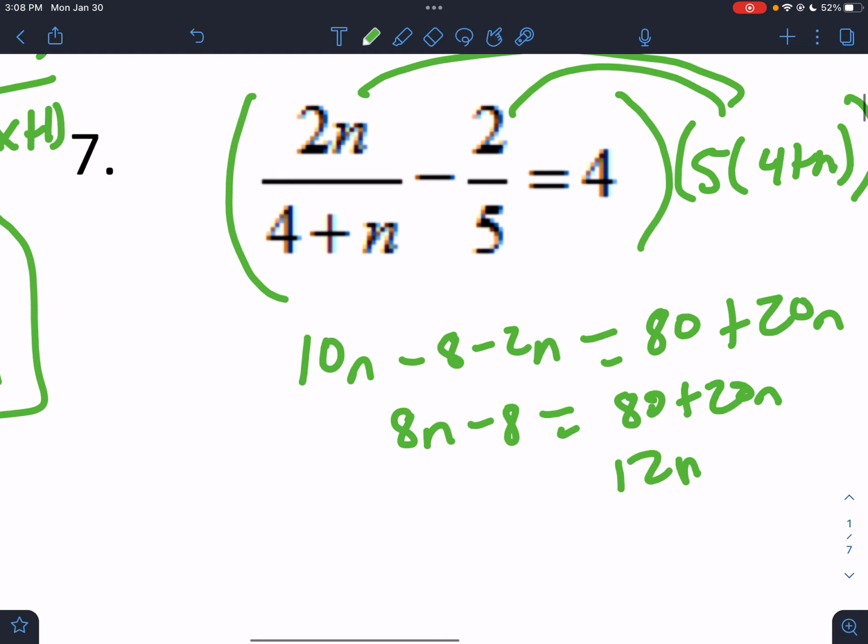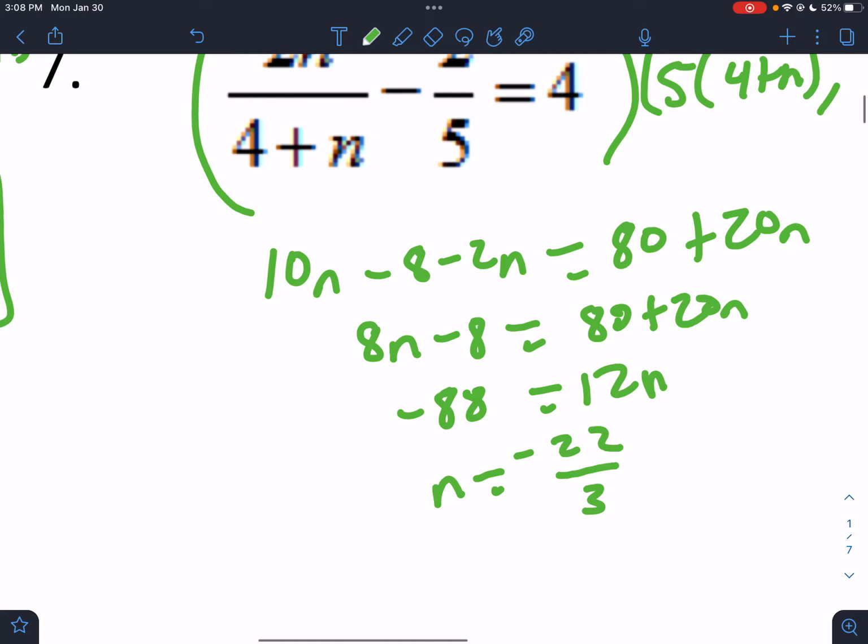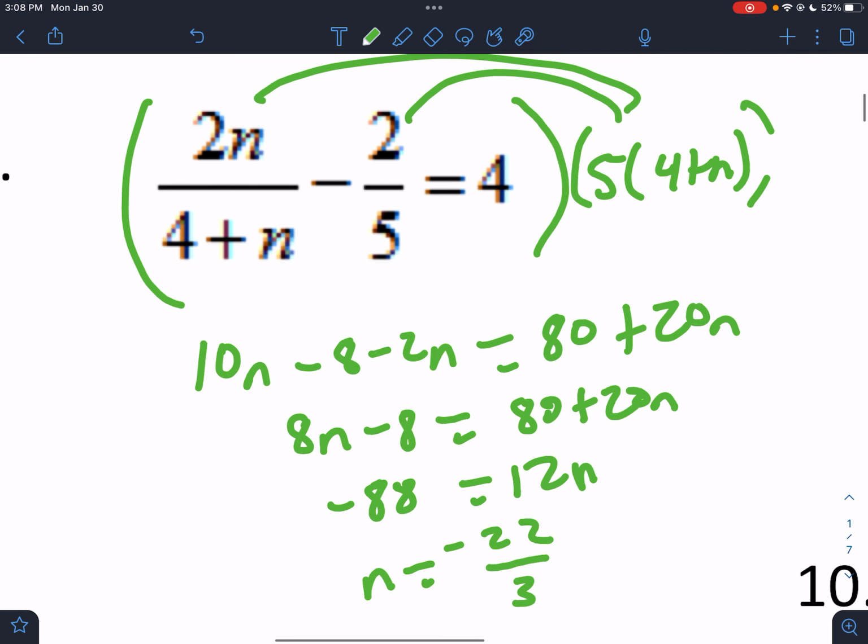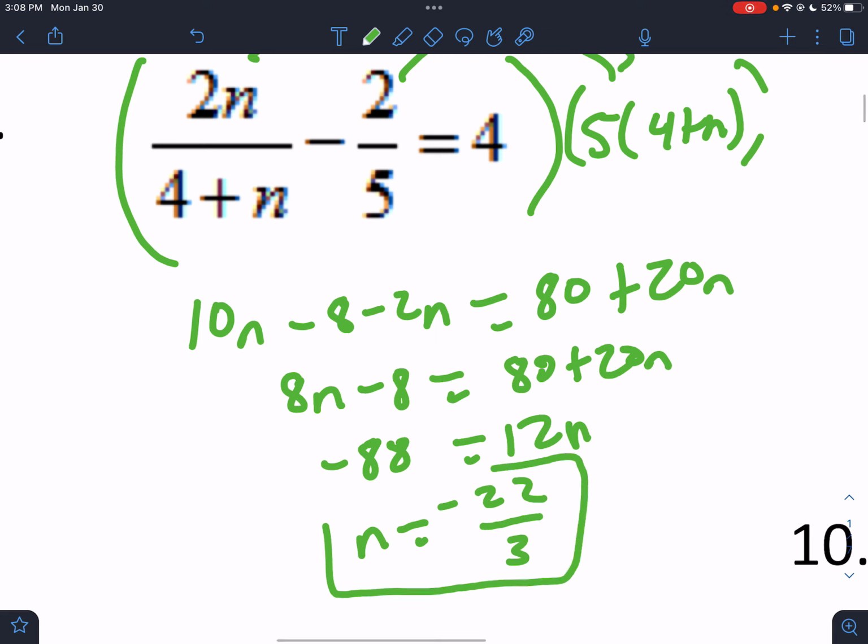So that'd be 12n equals negative 88. So n would equal, let's see, divide by 2, 44 over 6, 22 over 3, negative 22 over 3. What are the restrictions? It cannot, oh, that's just a number, so we don't care about restrictions. So it ended up being just a number.